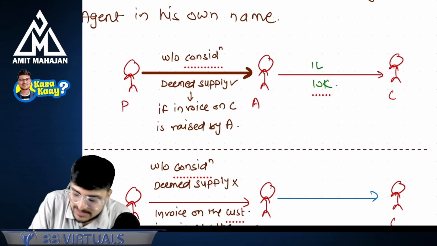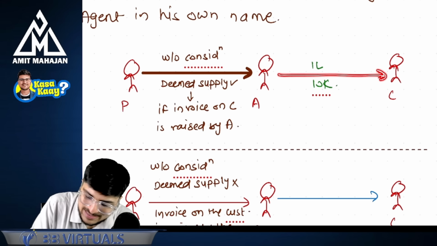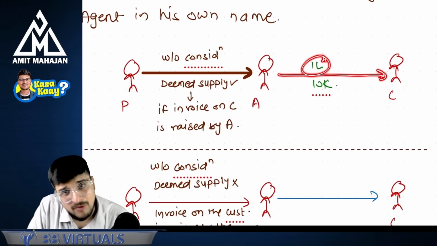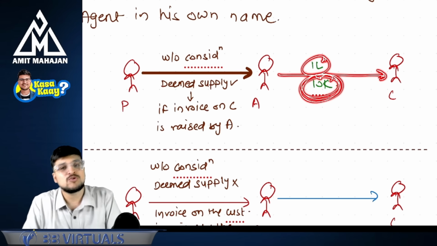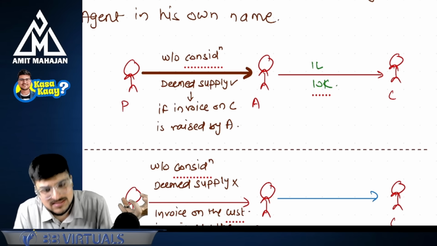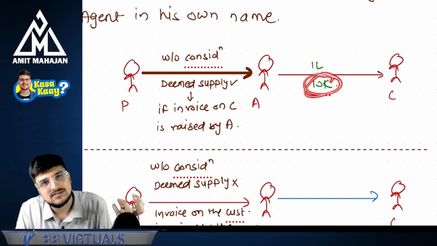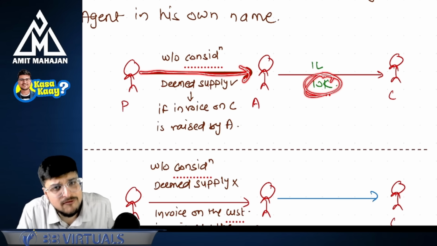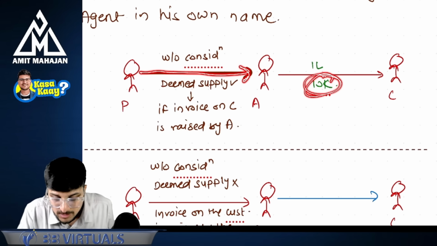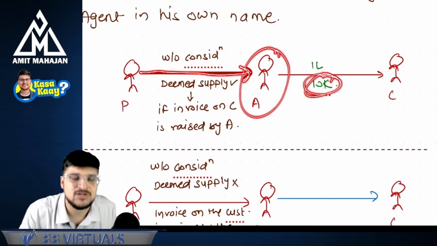Because when the agent is raising the invoice in his own name, can I say 1 lakh is charged in the name of the agent, and 10,000 of GST will be charged in the name of the agent? So can I say there will be the agent's outward tax of 10,000 rupees? Yes. And so even though this is charged to tax, the agent will be able to take the ITC of that.